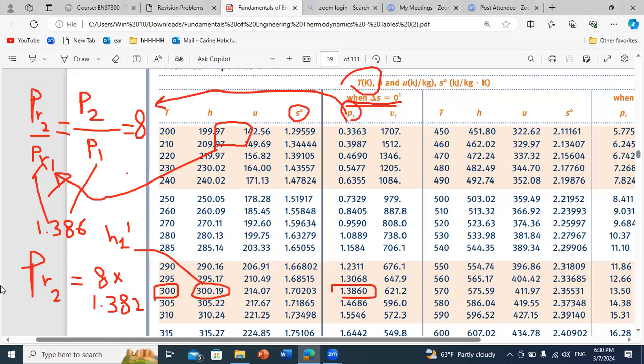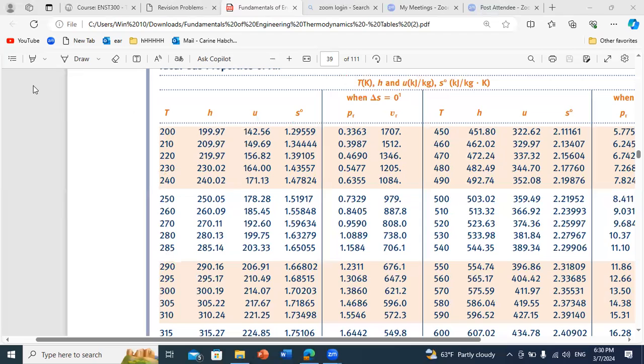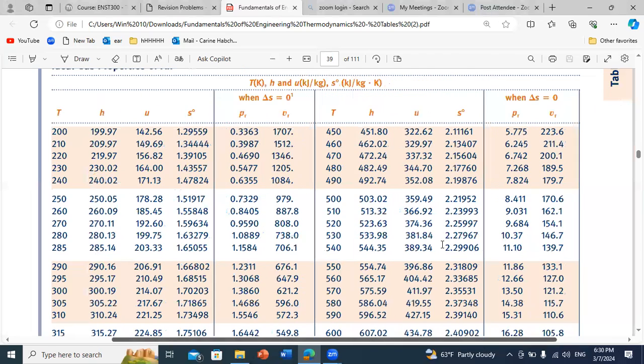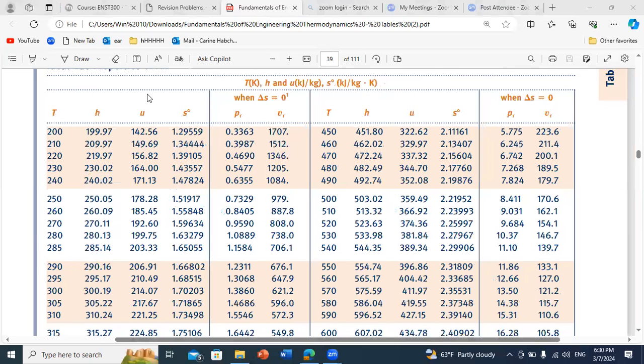for PR, okay? So if I move down with PR here, I need to get for PR a value of 11. So you can see here I am in this column. My value 11.09 is very close to this one, 11.1, okay? So I can read then the corresponding temperature.